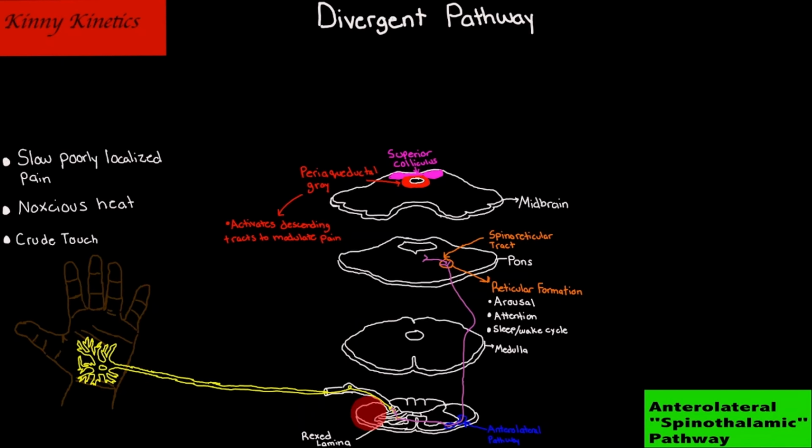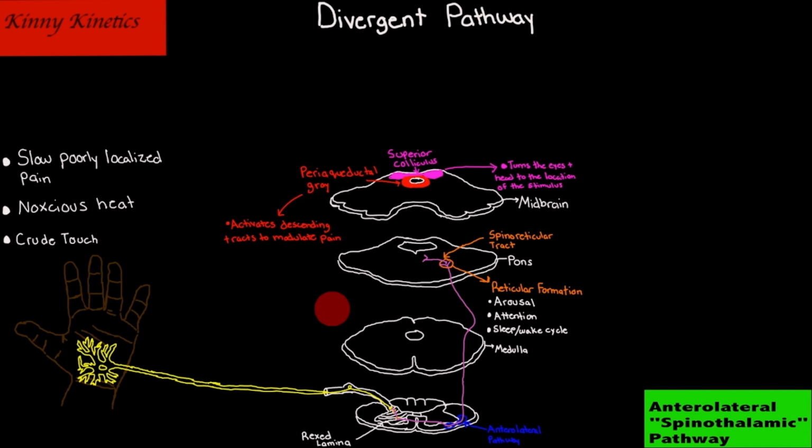Here, it can decrease the intensity of pain coming from the A delta and C fibers before it even enters the spinothalamic tract. If the intensity of the signal from the periphery is decreased before it even ascends up to the brain, then by the time it gets to the brain and is processed, it's going to be processed as less pain than what it would have been if the periaqueductal gray didn't activate the descending modulation of pain tracts.